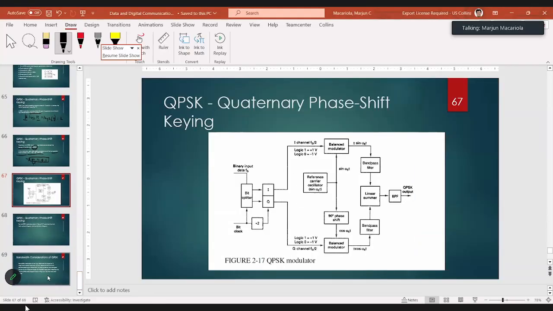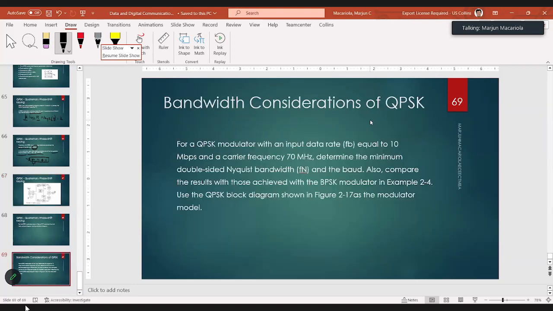Okay, so of course, when dealing with QPSK, we also have bandwidth considerations. So mag-solve tayo ng bandwidth and baud for QPSK. For a QPSK modulator with an input data rate FB equal to 10 Mbps and a carrier frequency of 70 MHz, determine the minimum double-sided Nyquist bandwidth Fn and the baud.